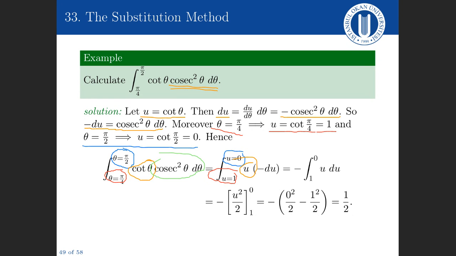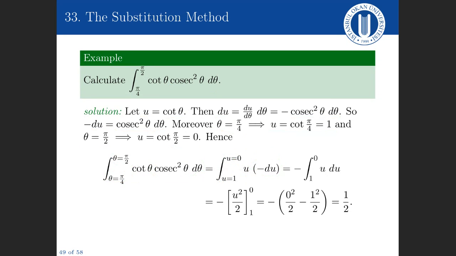And instead of cosec squared theta d theta, we replace this by minus du. We have the easy integral minus the integral between 1 and 0, u du, which we can calculate is equal to a half.